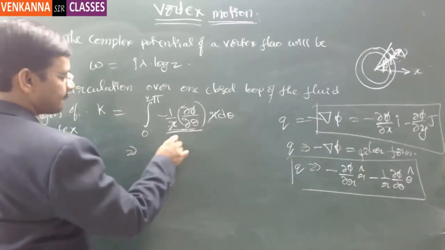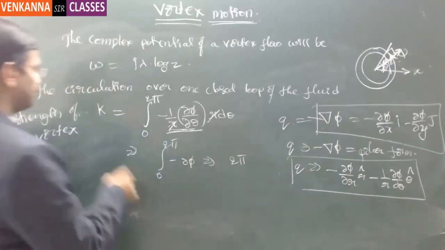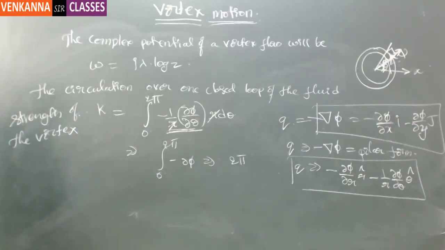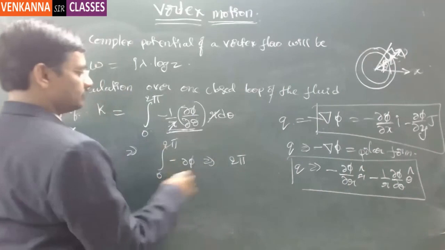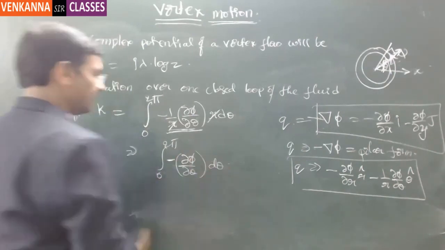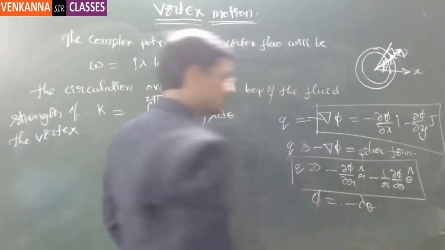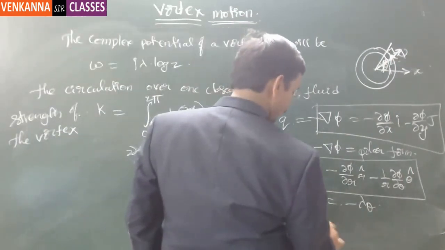So the integral from 0 to 2 pi of minus dou phi by dou theta into d theta is the k value. Now phi is equal to minus lambda theta, so this is the potential flow, and dou phi by dou theta can be written as minus lambda.